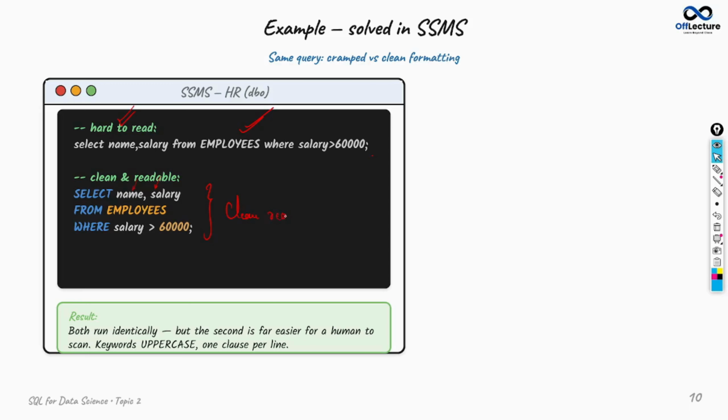You can see the difference in both queries. Both will give you the output, but the second is far easier for a human to understand and scan: keywords in uppercase and one clause per line.